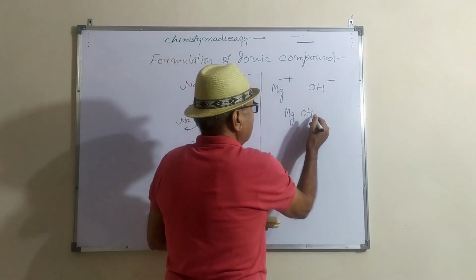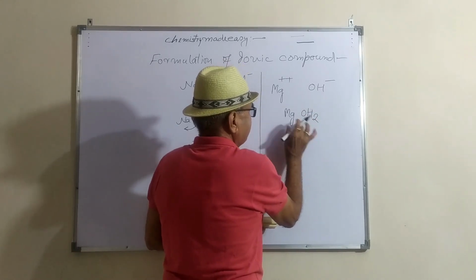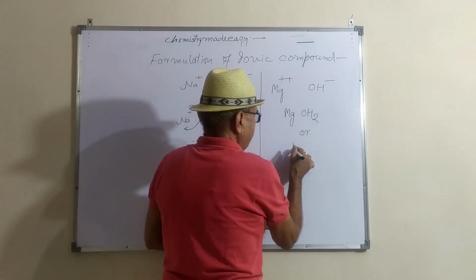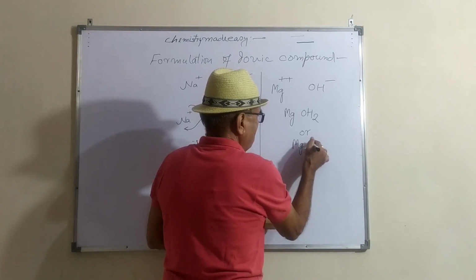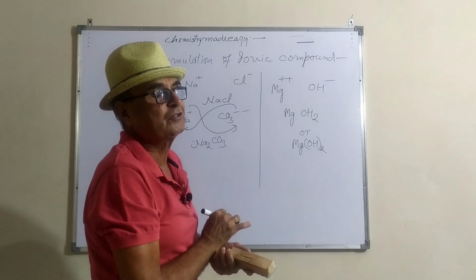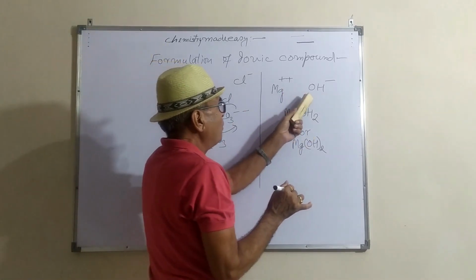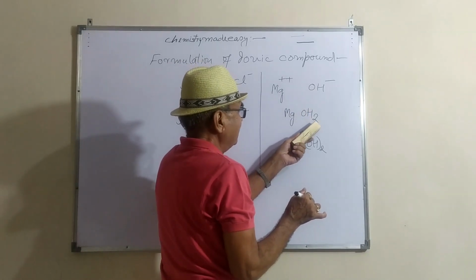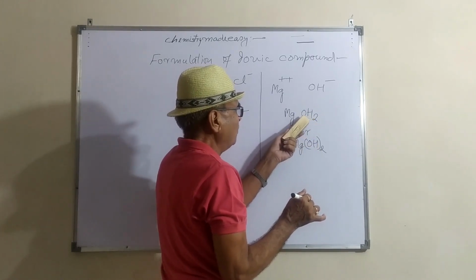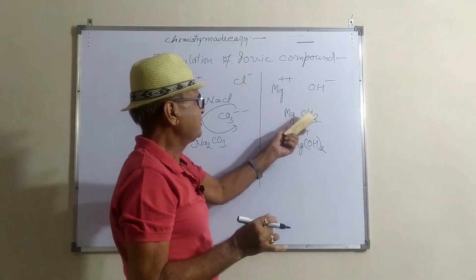So you can multiply in two ways, MgOH2 or Mg(OH) twice. In the first, the multiplication 2 is applied only to hydrogen, so total atoms are only 3, 2 hydrogen and 1 oxygen.